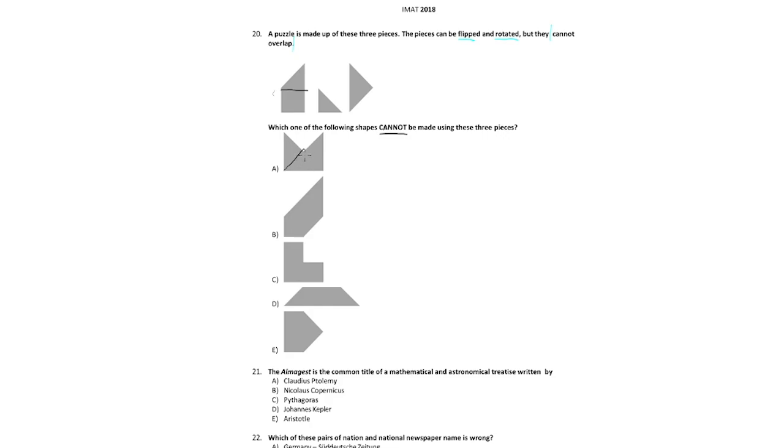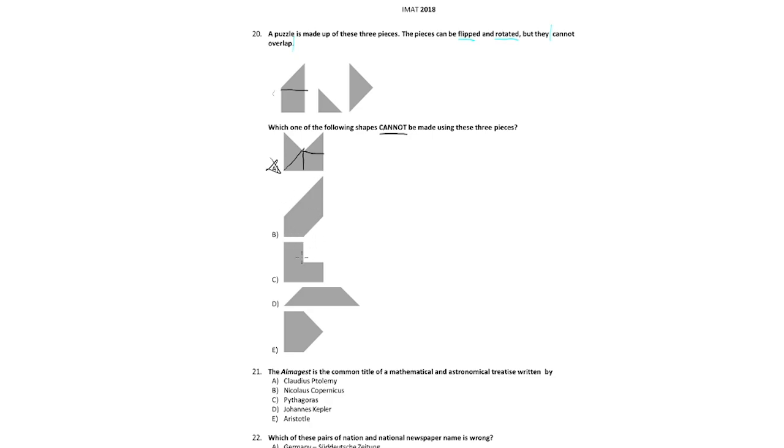For example, if we rotate the piece, we can put it over here. So this piece can be this one, and this piece can be this one. And the last piece, we can see that is actually this piece over here. So letter A can be our piece. So we can eliminate the letter A.